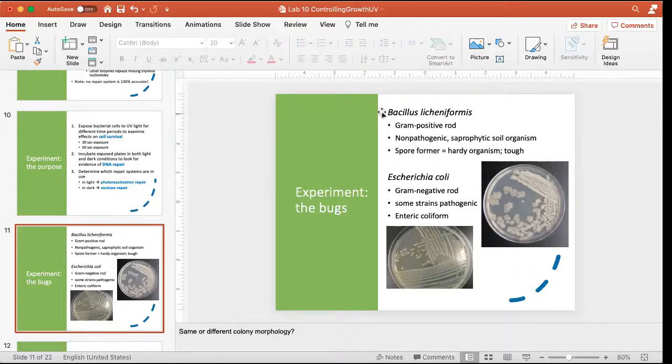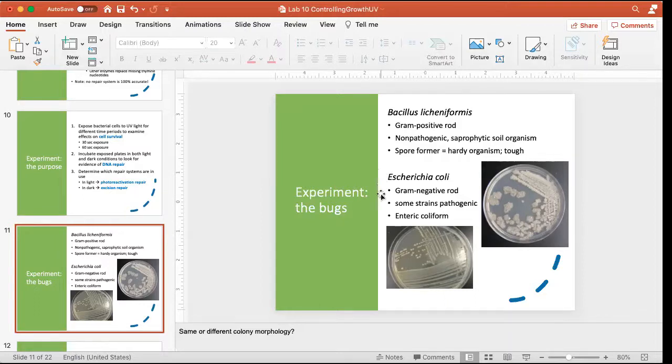So it's one of the life forms that are out in the natural world that help get rid of dead organisms. It helps degrade and decay dead material. Now, it is a spore former because it's a bacillus, so that tells us it's pretty hardy. It can survive what some other bacteria would not be able to survive, so we'll keep that in mind too.